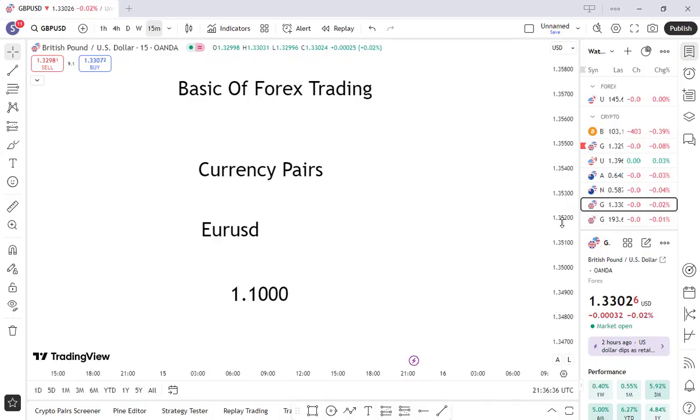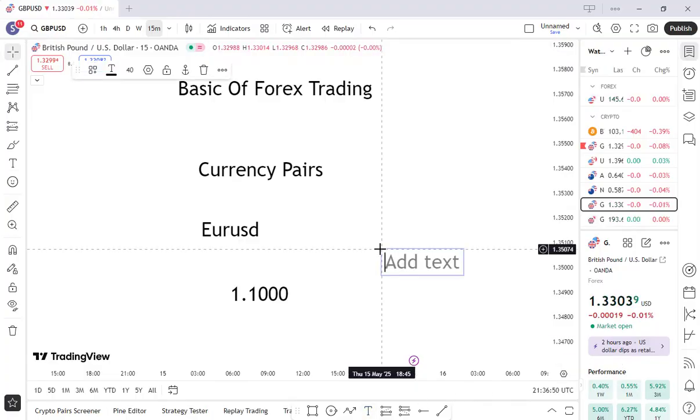I'll be diving in more by discussing what pips and a bid and ask price are. So let's talk more about the bid and ask price.